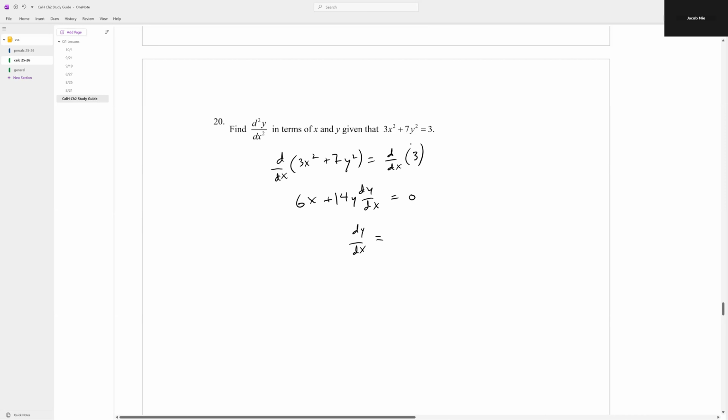So solving, this is going to give us negative 6x over 14y, which is also equal to negative 3x over 7y.